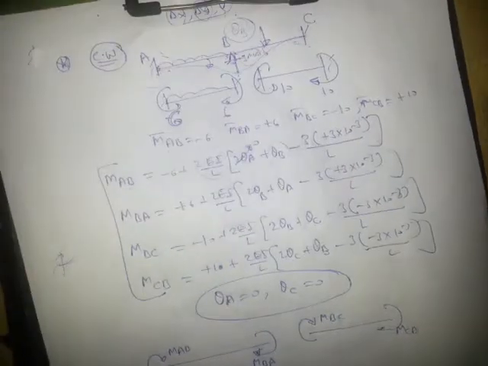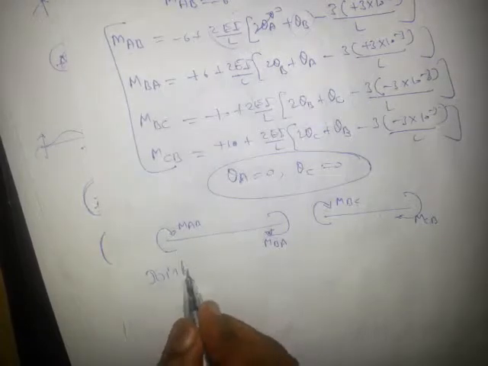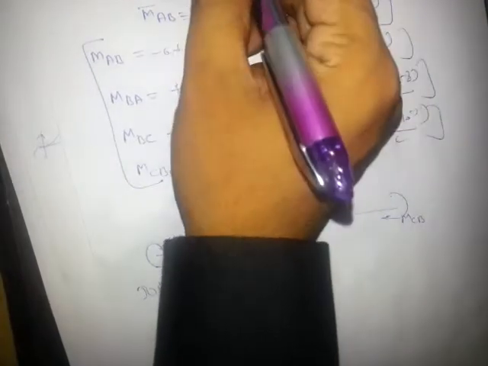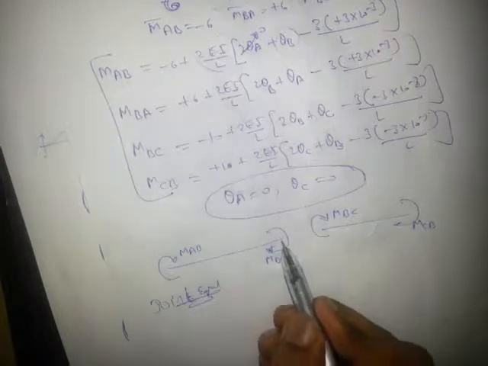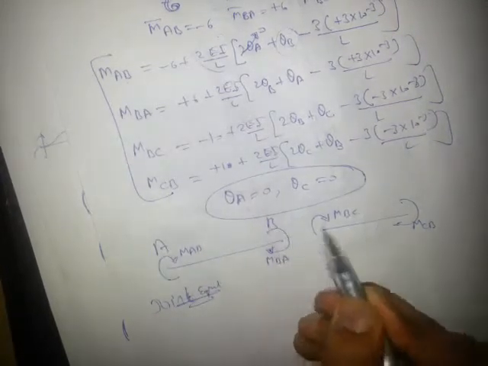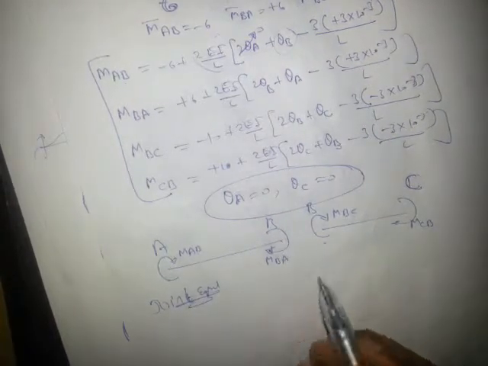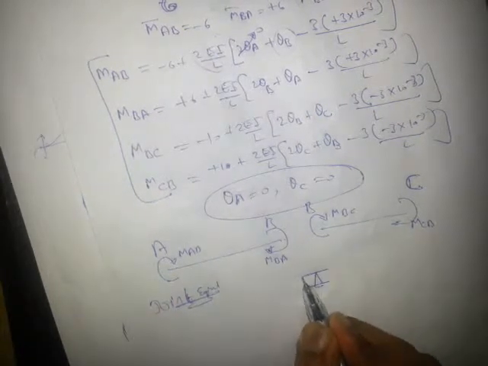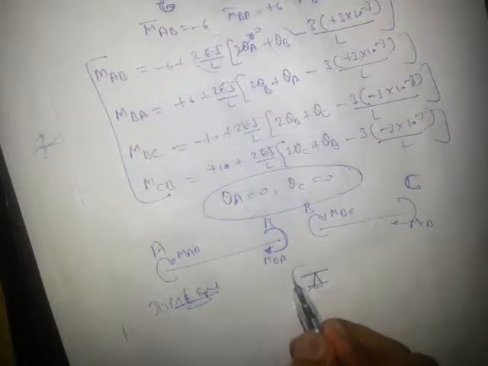So we write the joint equilibrium, meaning equilibrium of this intermediate joint B. So what is its equilibrium? If I cut the joint B here, look, this is member A to B, and this is member B to C. In the member the moment is clockwise, so at the joint it will be anti-clockwise.